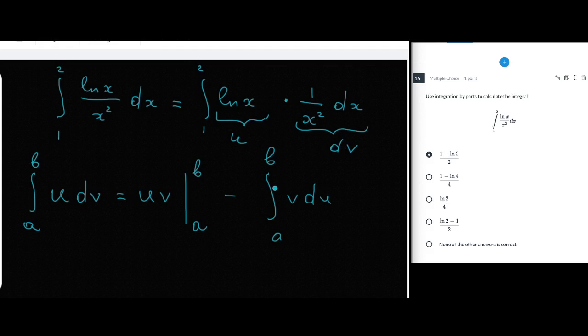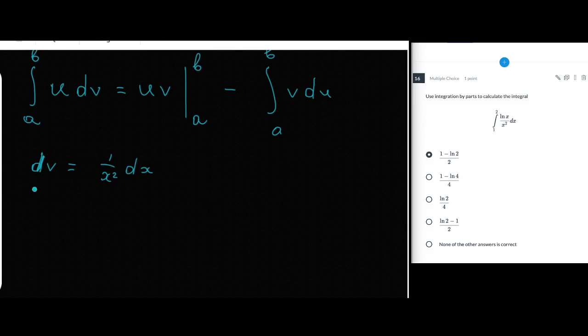Okay. Now, before we can proceed, we need to figure out what v is. Now, finding v requires actually an integration, because we have dv equals 1 over x squared dx. By definition, what is the differential of v? Differential of v is the derivative of v multiplied by dx.